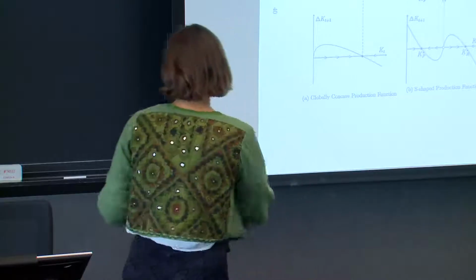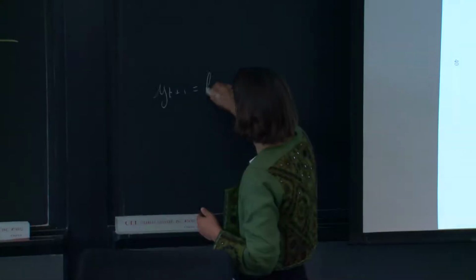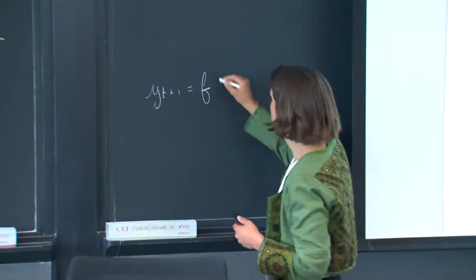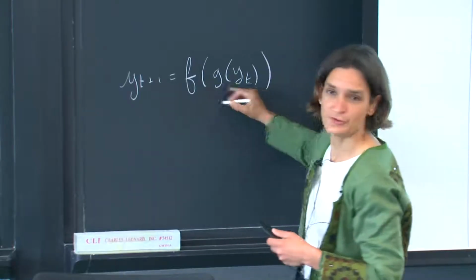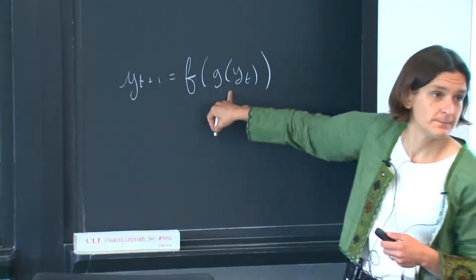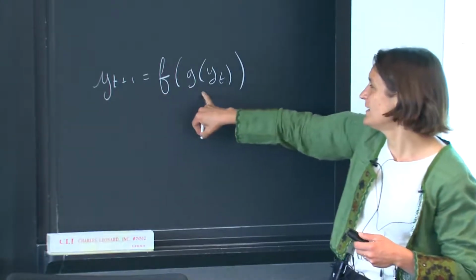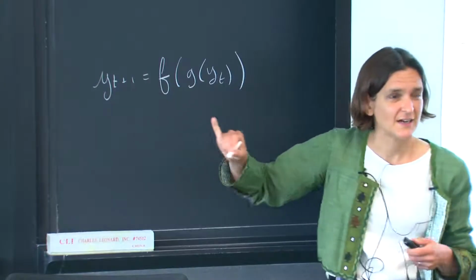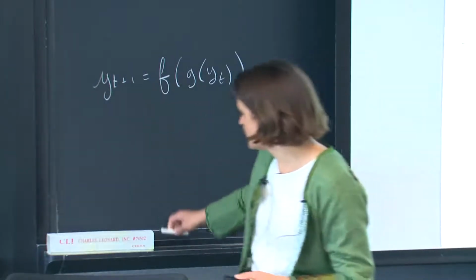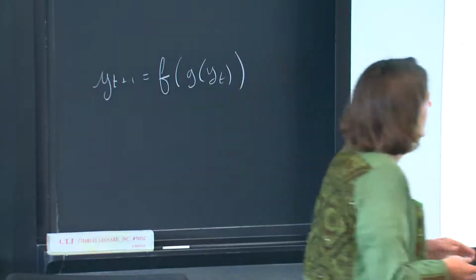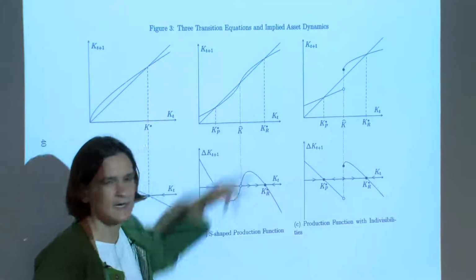So income tomorrow is a function f, that's the capacity curve, of a function g, that's the decision to consume curve, of YT, income today. But is this curve such that not only it exists, but it is convex in a part? And so it needs to intersect the 45-degree line from below.